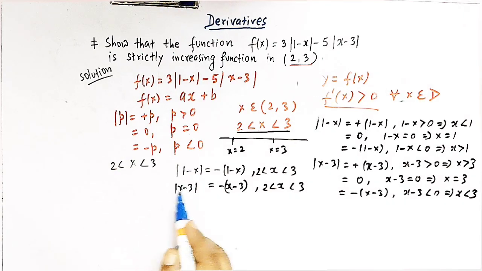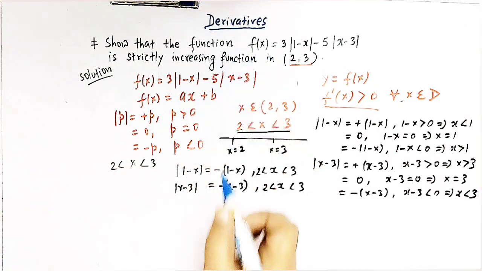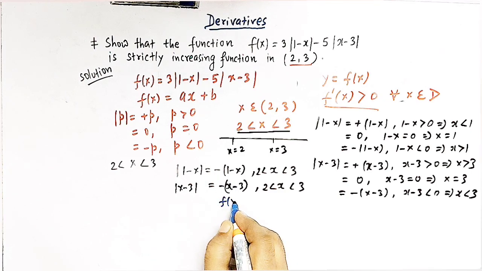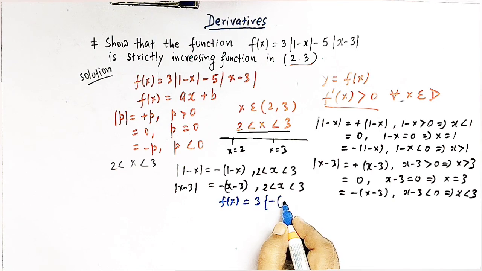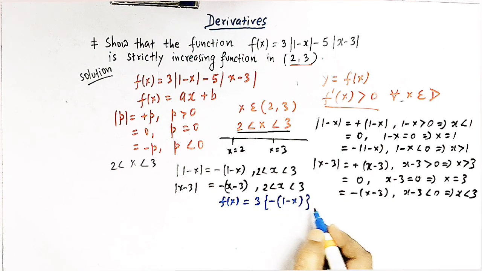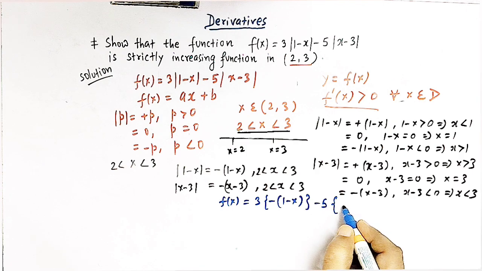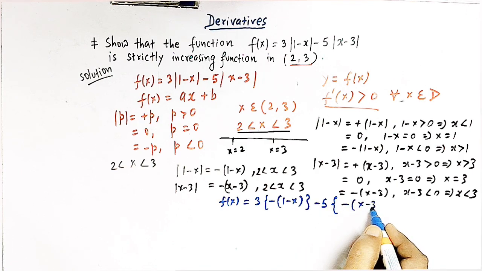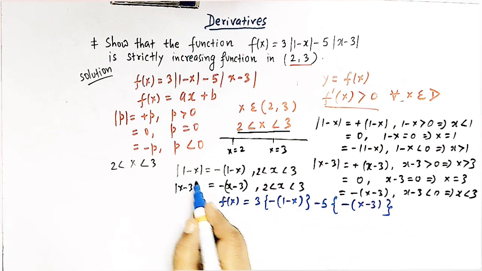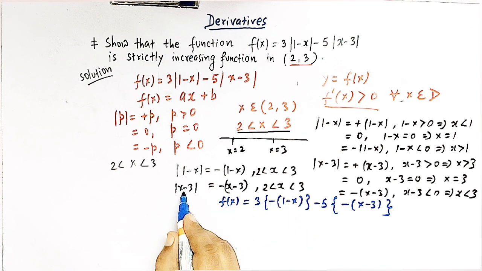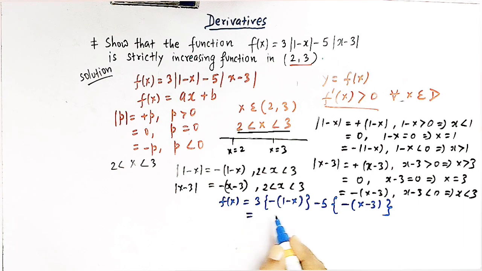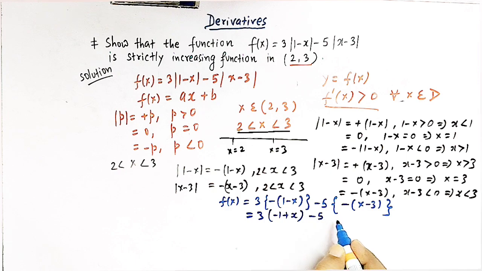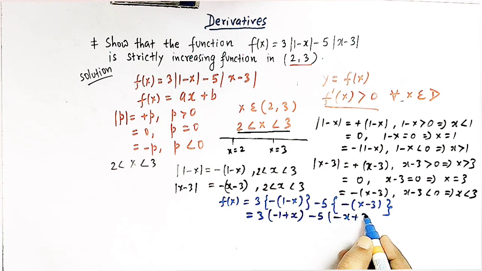So now let us substitute these values in this function f of x. So we can write f of x as 3 times negative (1 minus x), and then minus 5, and here we can write negative (x minus 3), because mod of 1 minus x is negative (1 minus x), and mod of x minus 3 is negative (x minus 3). So let us simplify. So we have 3 times (minus 1 plus x), and here we have minus 5 times (minus x plus 3).